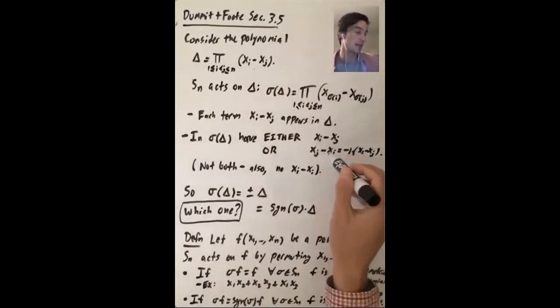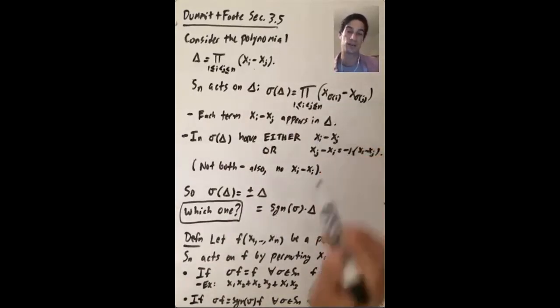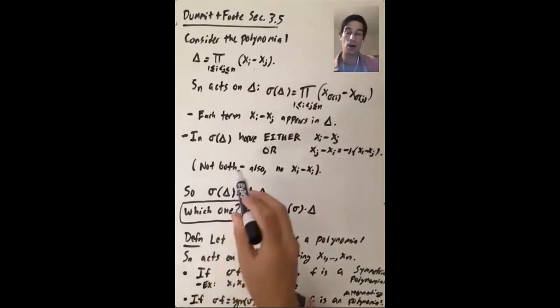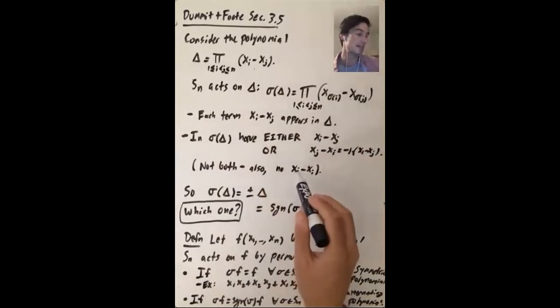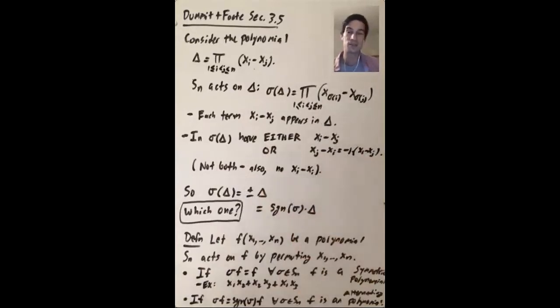We might have xj minus xi instead of xi minus xj. We can't get both because sigma is a permutation, and we also can't possibly get xi minus xi because this permutation is actually a bijection. We can't have two different variables getting sent to the same variable.